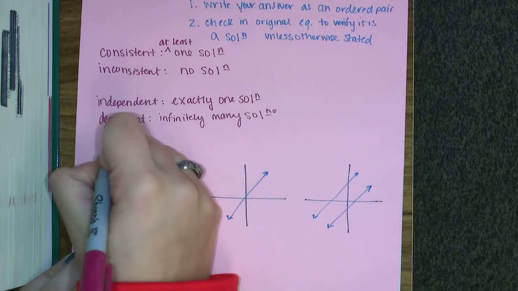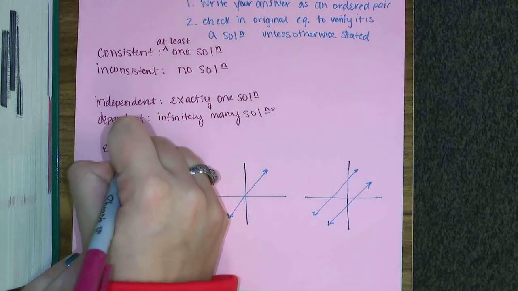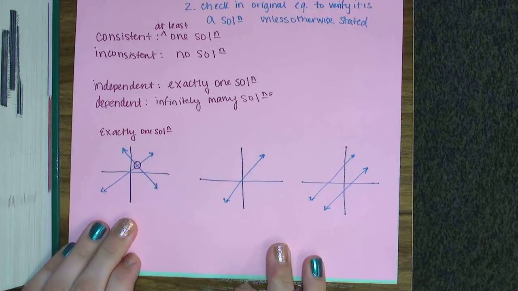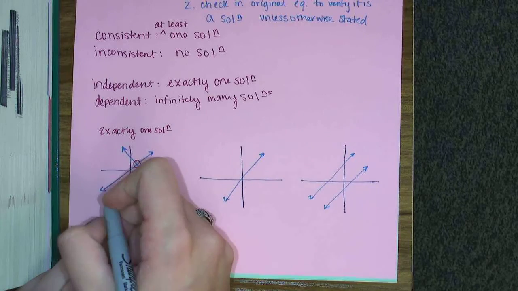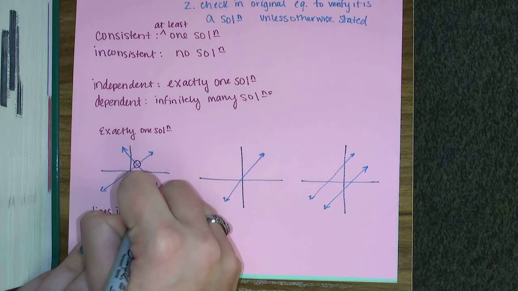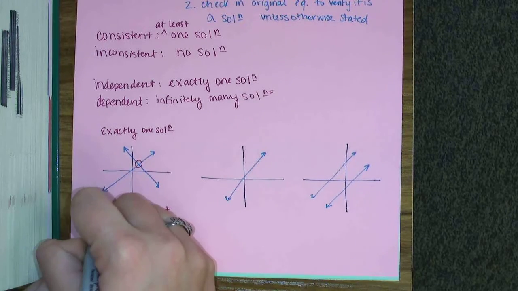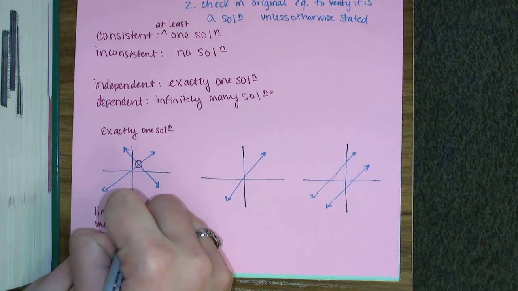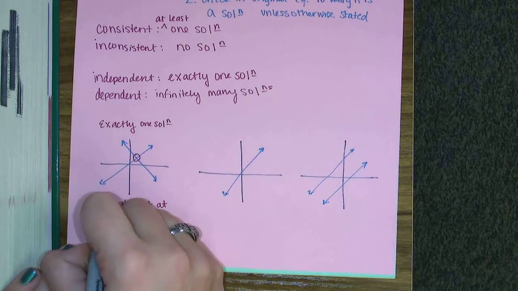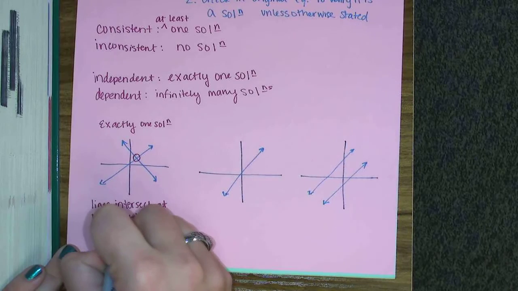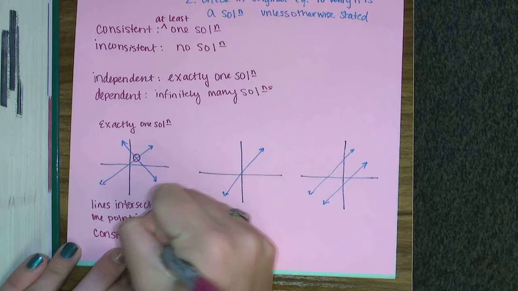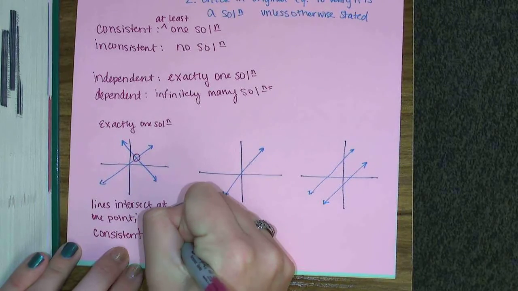This first one has exactly 1 solution, meaning that the lines intersect at 1 point. We'd say that this is consistent because it has at least 1 solution, and it's independent because it has exactly 1 solution.